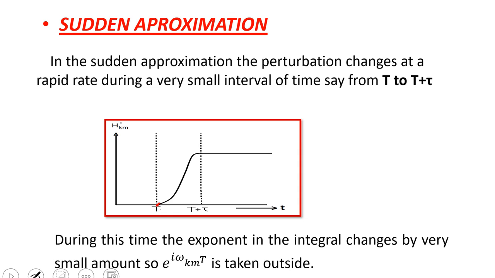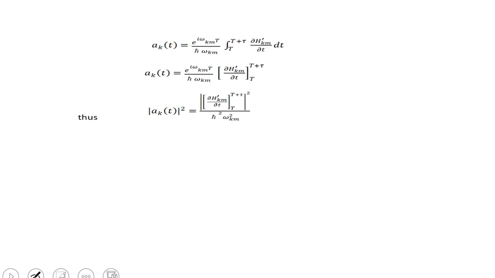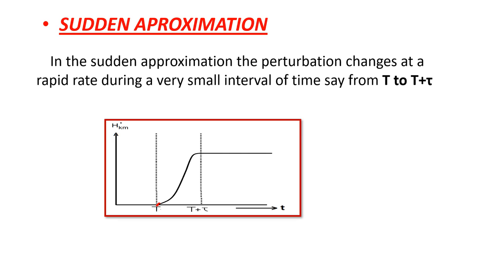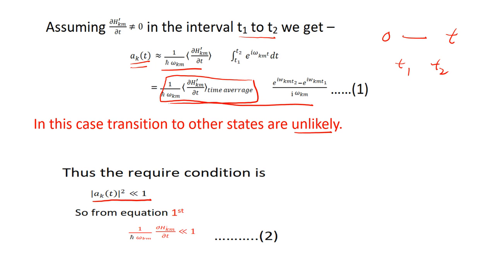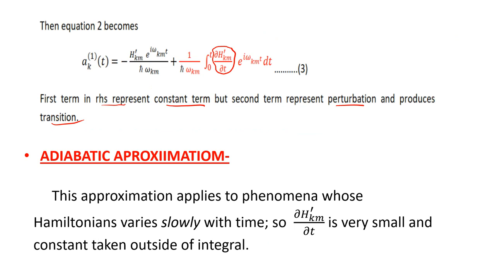During this time, the exponent in the integral changes by a very small amount, so it is taken outside. In the first case, del H dash km upon del t is taken outside. In the second case, e to the power i omega km t is taken outside. This is a constant term.